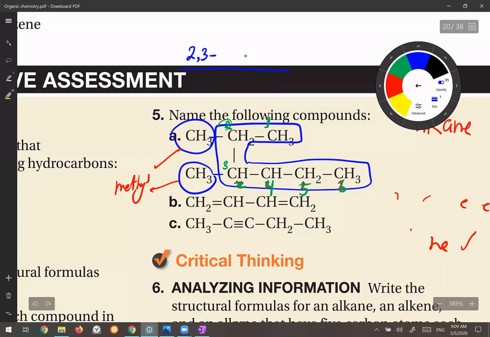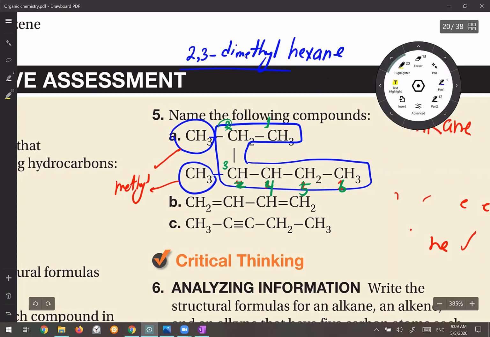Both of them are methyl, so I must write dimethyl. Then I have to name the parent. The alkane parent with 6 carbons is hexane. Okay. So this compound is 2,3-dimethylhexane.